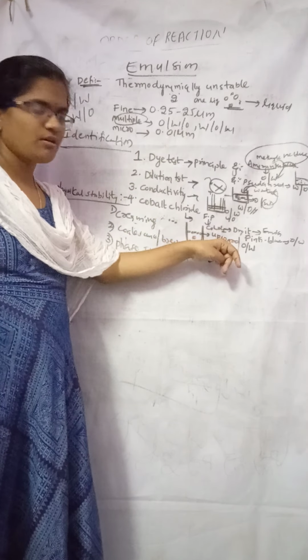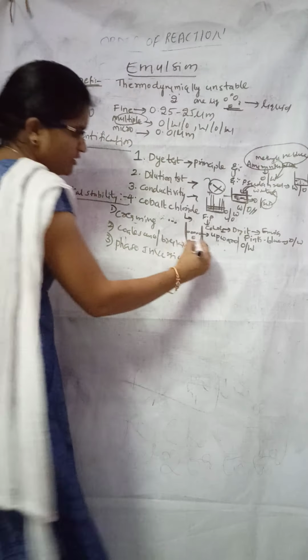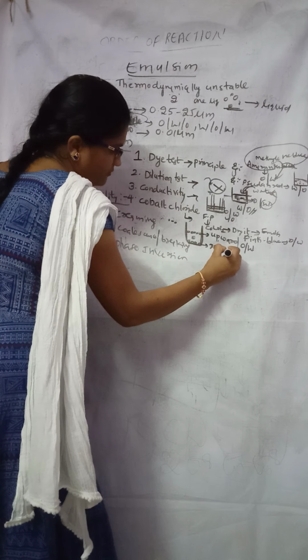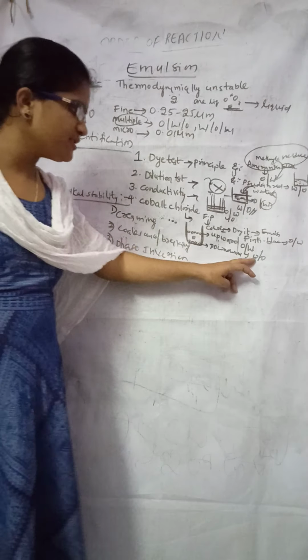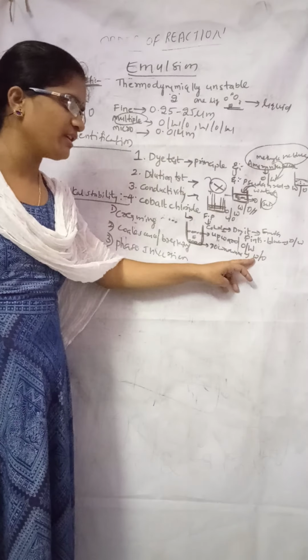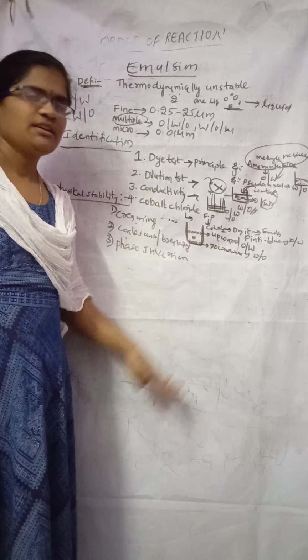That's why it is called upward creaming. Next, if the particles are accumulating as a layer at the bottom, it is known as downward creaming, and it can be observed in water in oil, because here water density is more, water is present as a particle, so it will come to the bottom. That's why it is downward creaming.